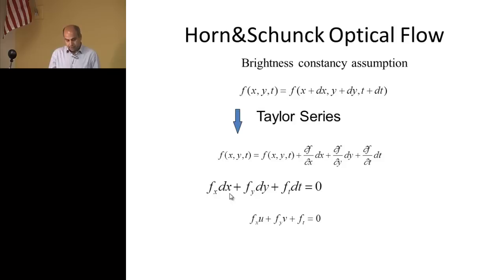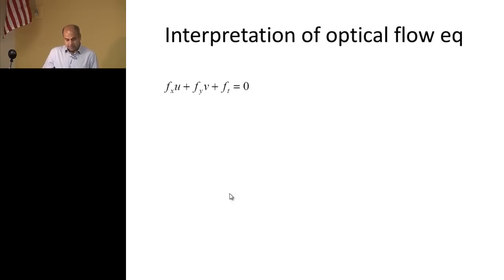Okay? So now we have this very famous equation, fx u plus fy v plus ft. This equation is called the optical flow constraint equation, and this again you will see many times. It's used in a lot of places. Now this equation is in a way the equation of a straight line.